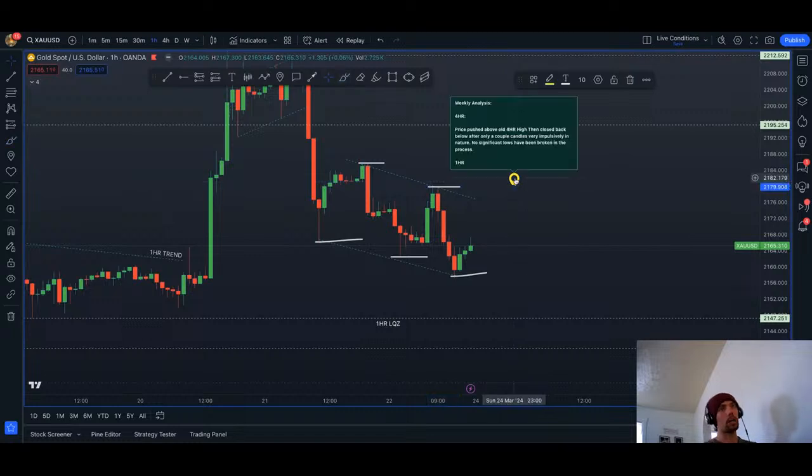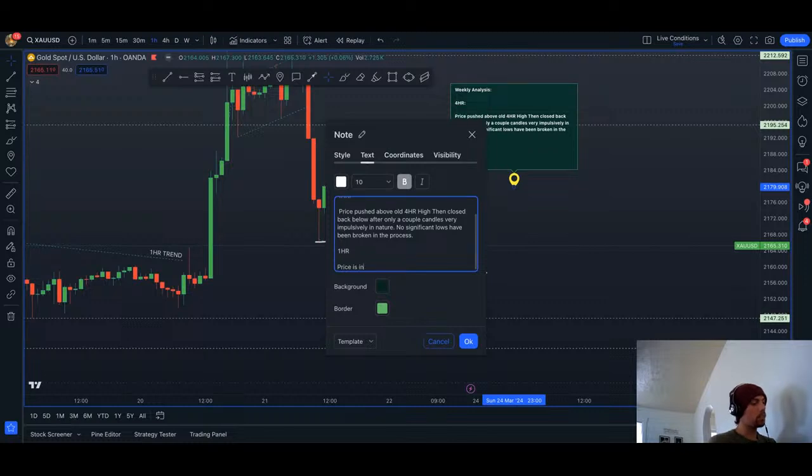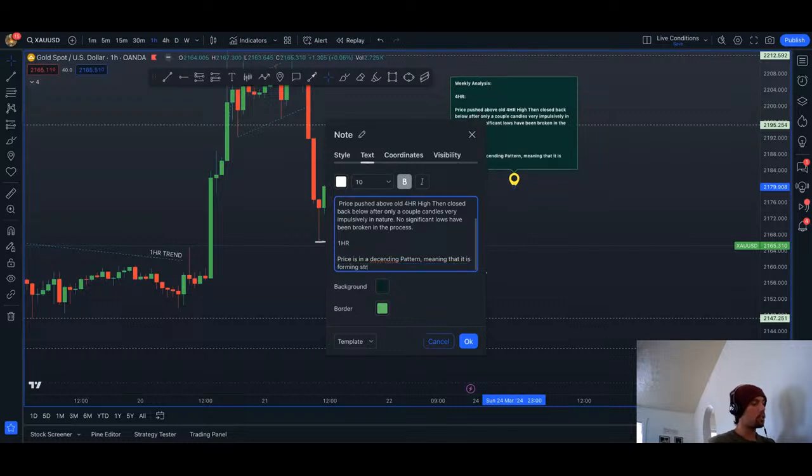So let's go ahead and pop back into our note. Price is in a descending pattern. Meaning that it is forming structural movement to the downside.